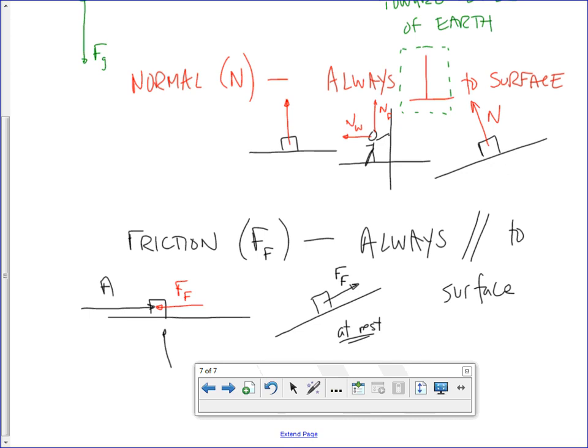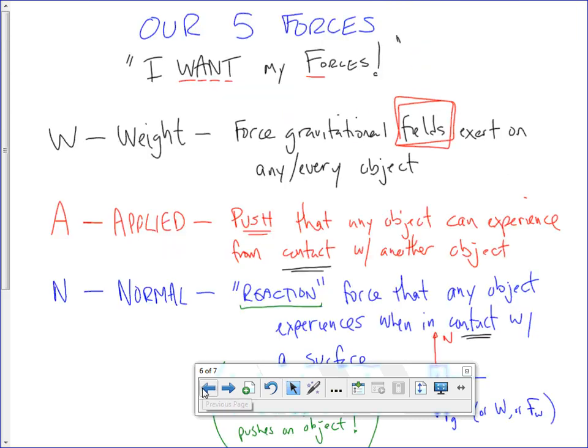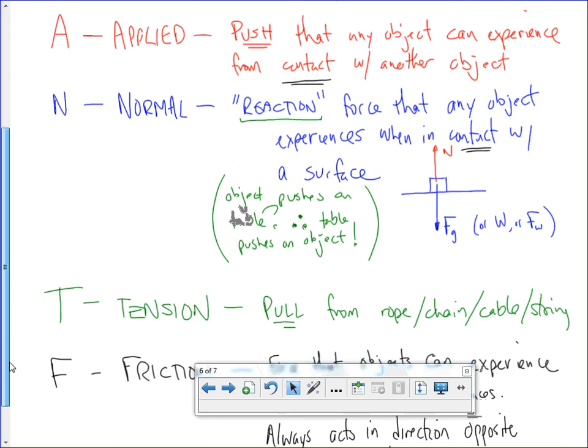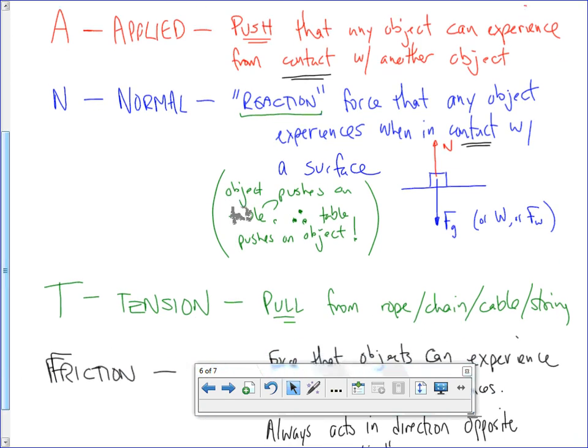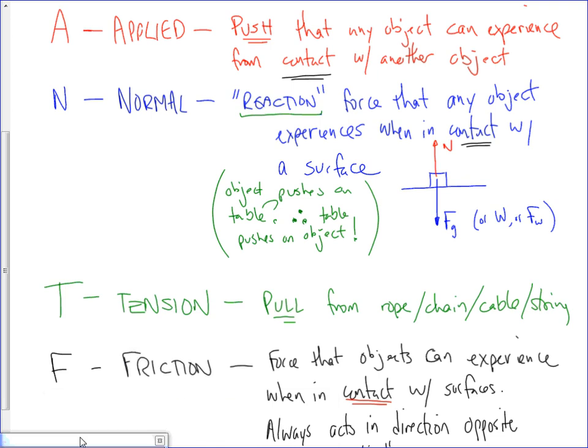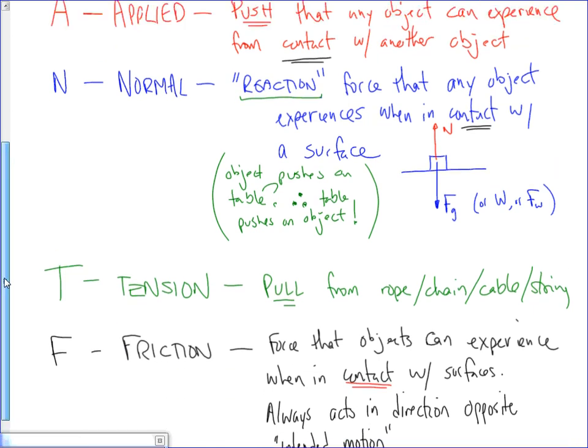Normal forces are always perpendicular. Those are the rules about the directions that different forces have to point. These are the five actual forces that we'll deal with the most, at least in the beginning part of the unit. Okay, or really for this whole unit.